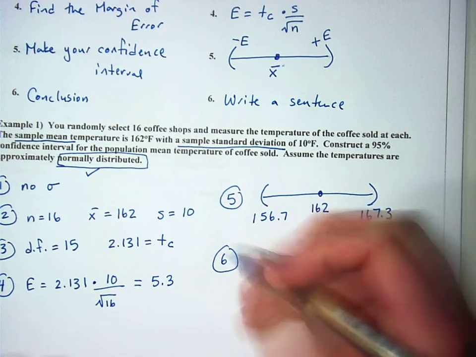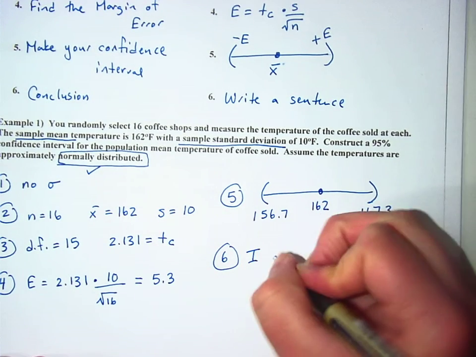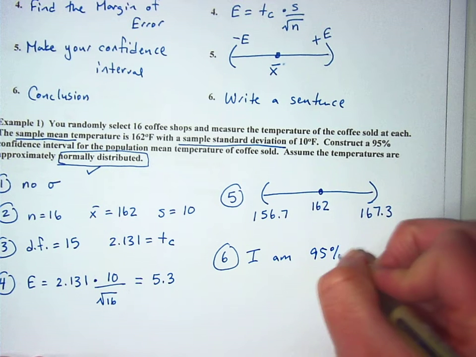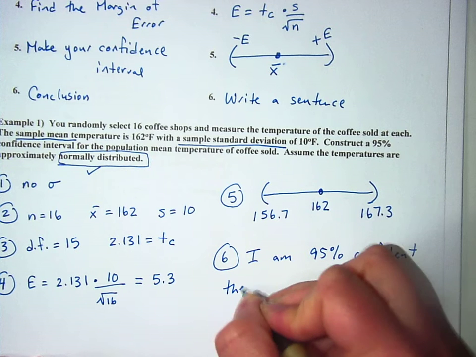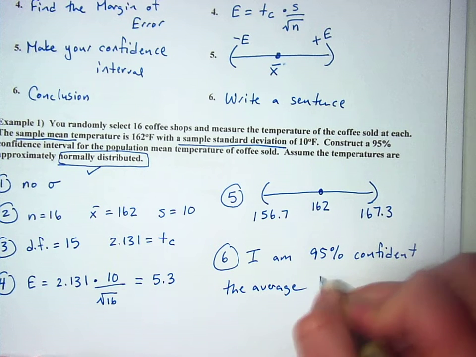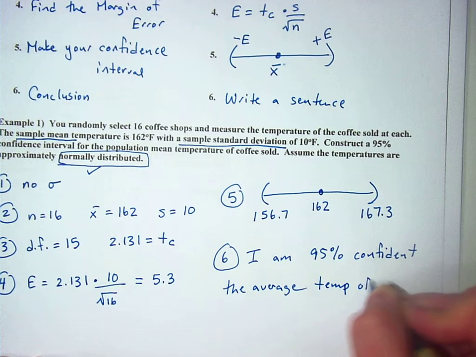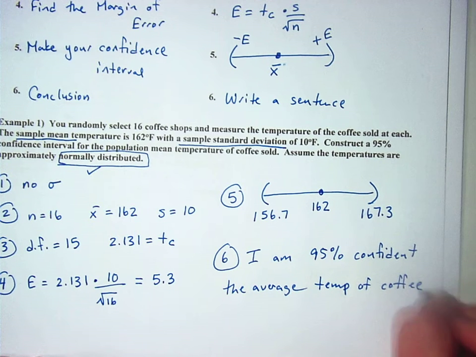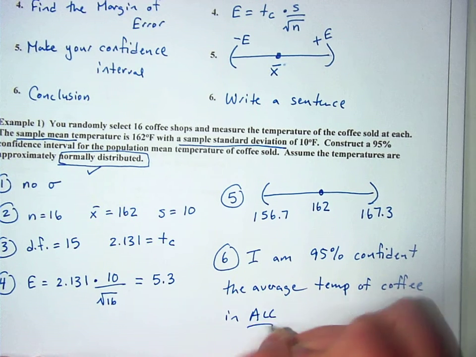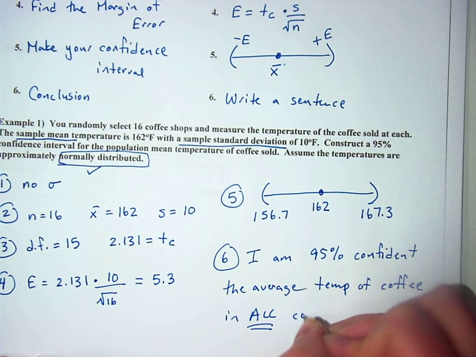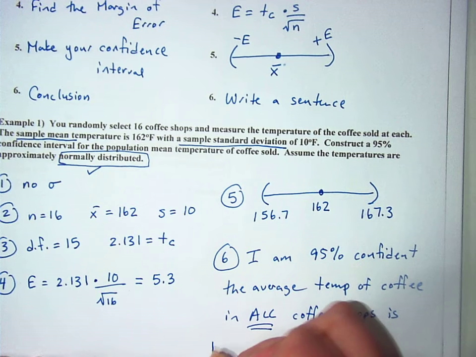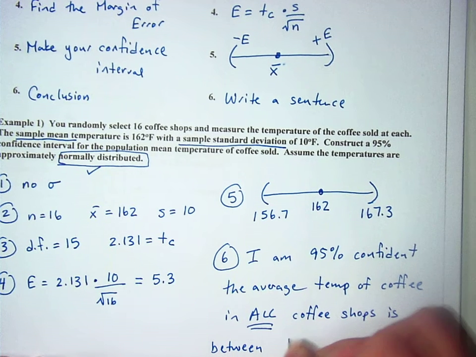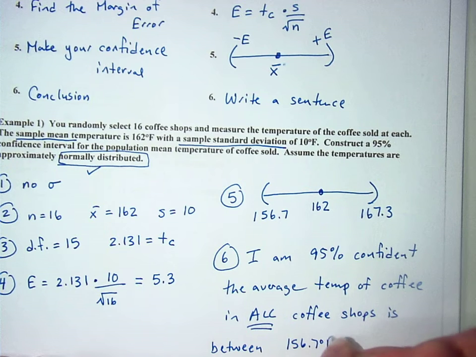So, number 6, I am 95% confident that the average temp of coffee in all coffee shops, because I'm estimating for the population here, is between 156.7 degrees Fahrenheit and 167.3 degrees Fahrenheit.